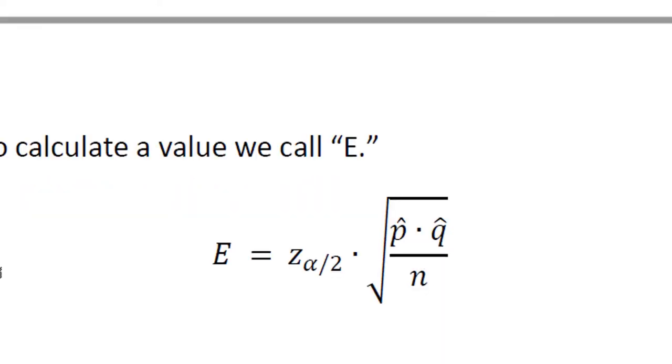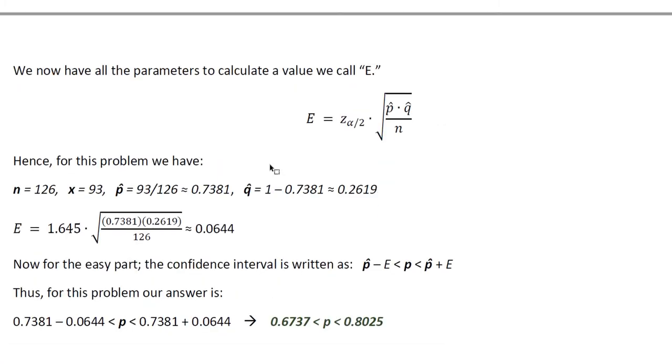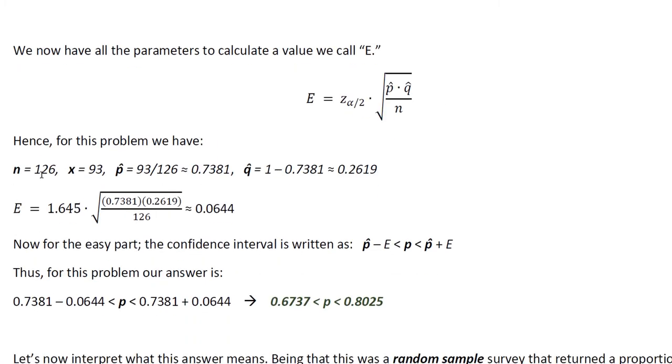After we get the z sub alpha over 2, we have this somewhat complicated formula to calculate this thing called E. What we do with E, I'll explain that in a little bit, but we're almost done getting all of our parameters to get to our final answer. For this problem, we now have n is 126, that's given to you in the problem.